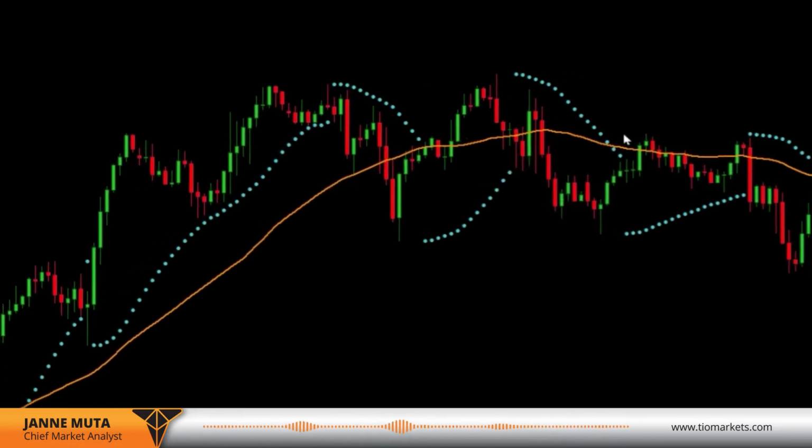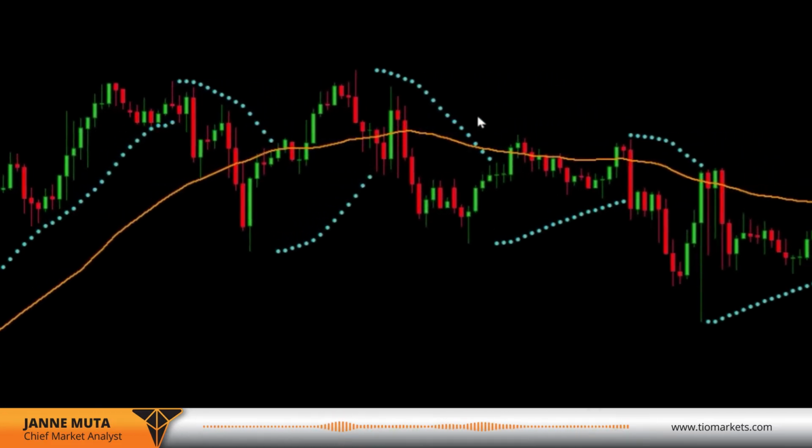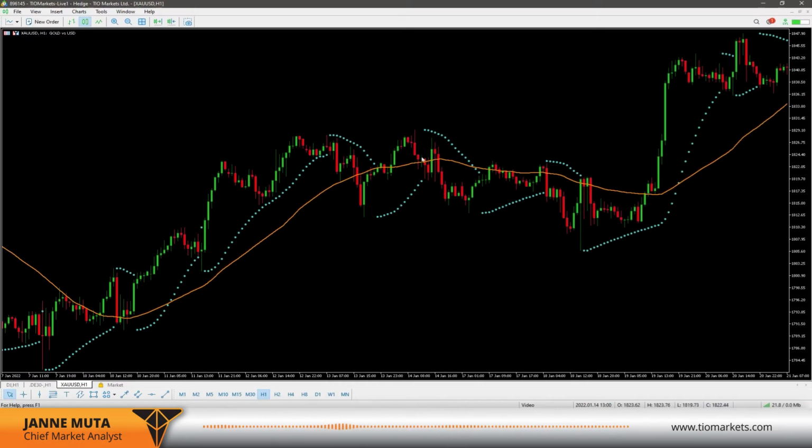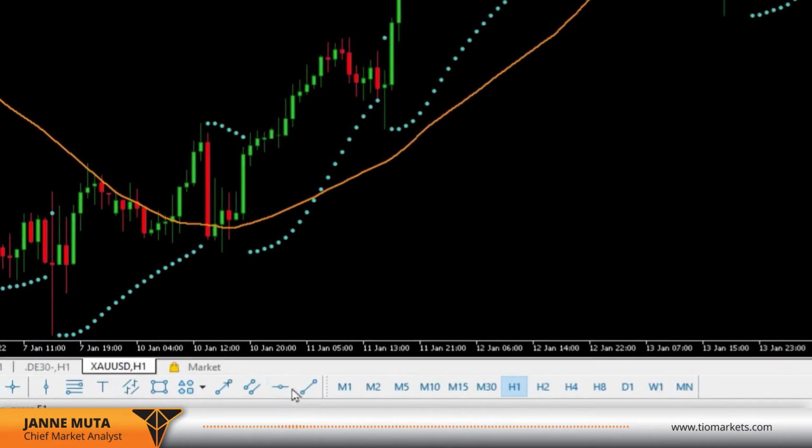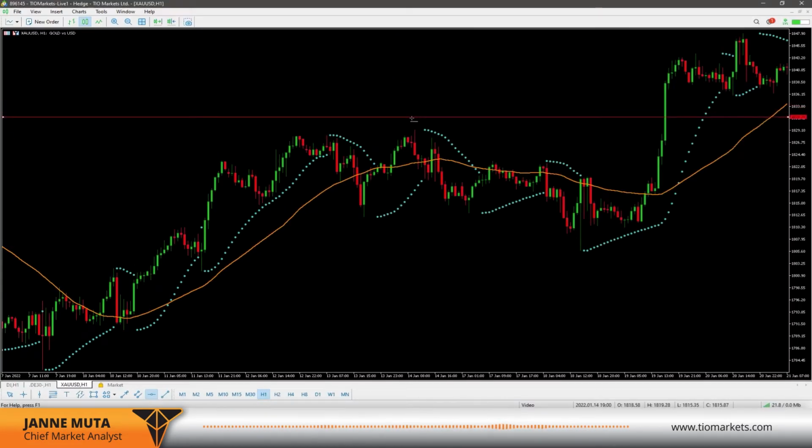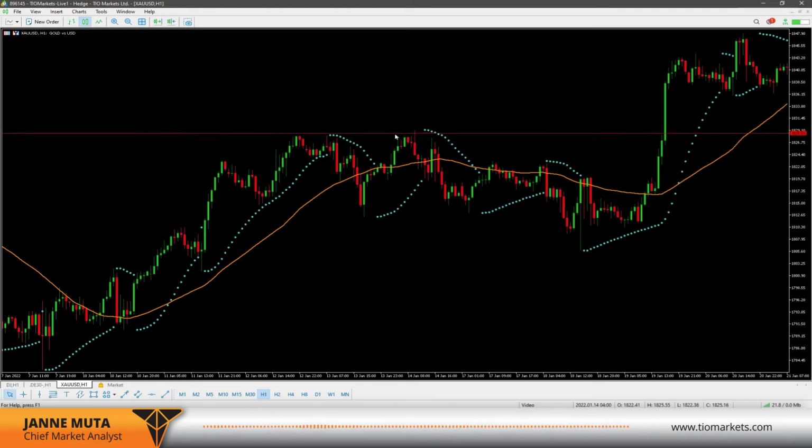Another way of using this is when the market is moving sideways. I'm going to use horizontal lines here to highlight where we can say that the market has established a sideways range.